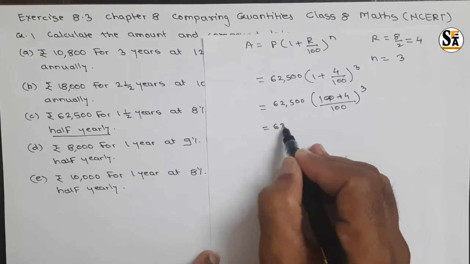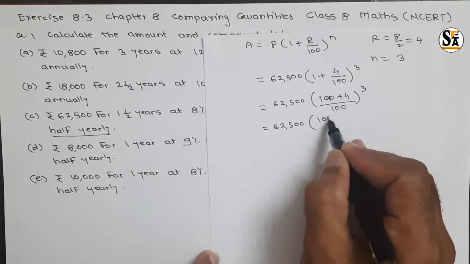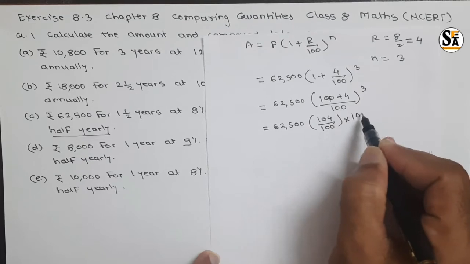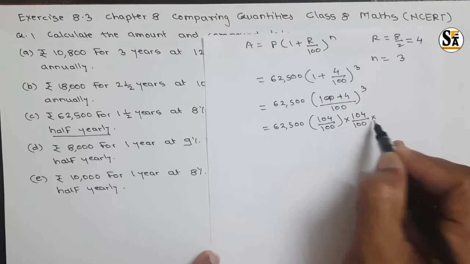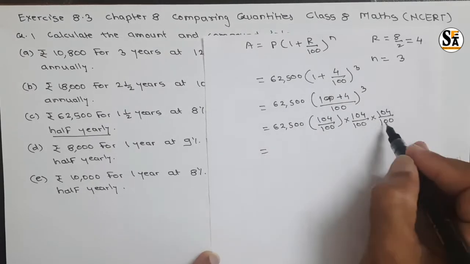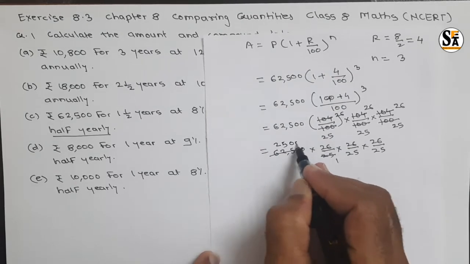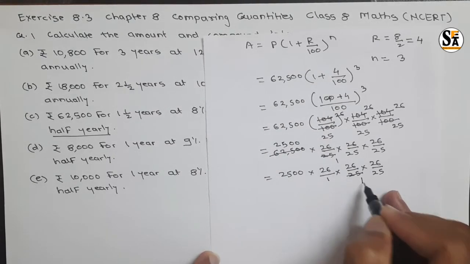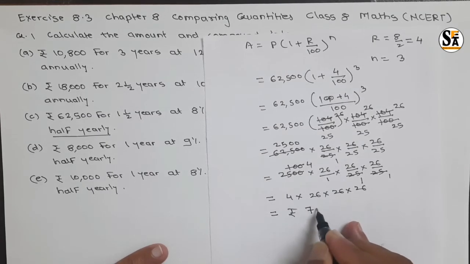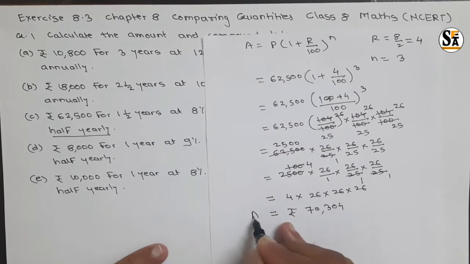Solve this: 62,500 into 104 divided by 100, and it is for 3 times. So write 104 divided by 100 three times. If we solve this, rupees 70,304. This is our total amount.